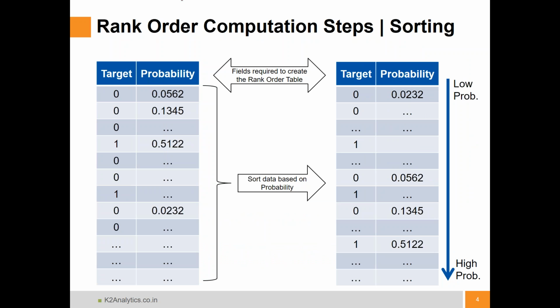I take it forward and do a rank ordering. I order this data based upon the probability value. Assume I'm doing a low probability to high probability ordering of this data set. So this data which was unsorted now becomes sorted. This is the step.